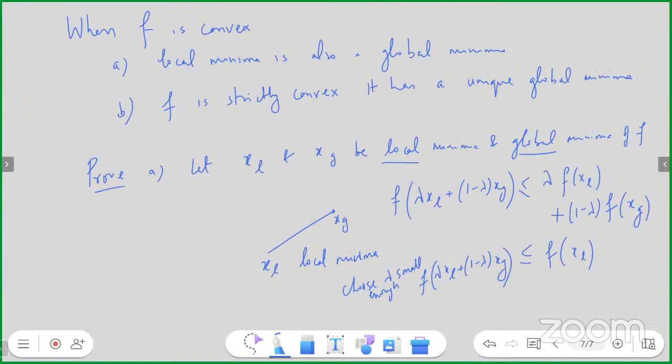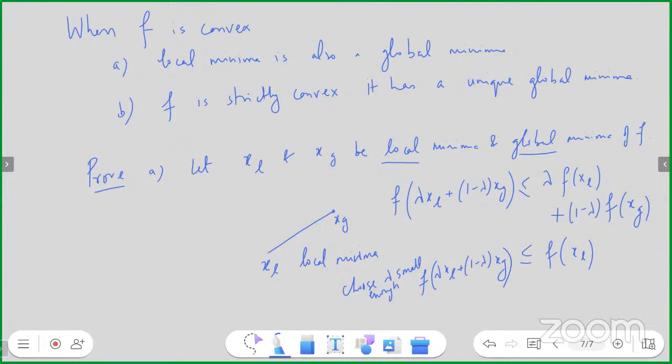What's the definition of local? We can find a neighborhood such that the functional value at that point is less than or equal to the functional value. So you're not disproving. All you found for me is another point close enough. You go lower.